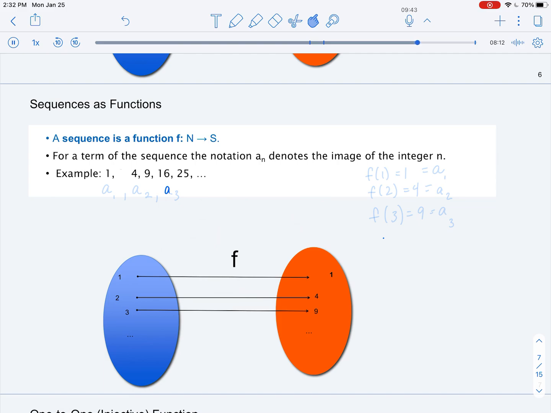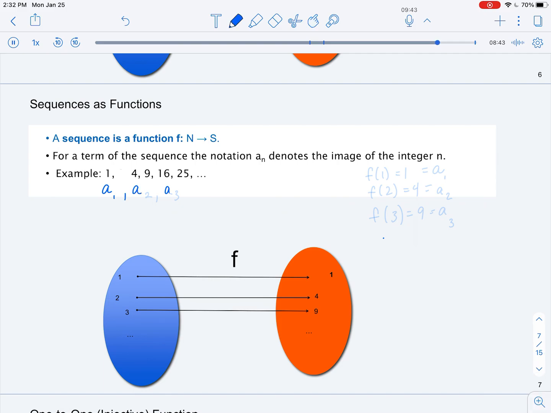So in this diagram, we started drawing a sequence from the positive integers to the positive integers, and we are taking a positive integer, in this case starting with 1, and we're squaring it. So in particular, we have 1 is going to be the first integer in our sequence, so we could label that a1, and then we'll take 2 and square it.